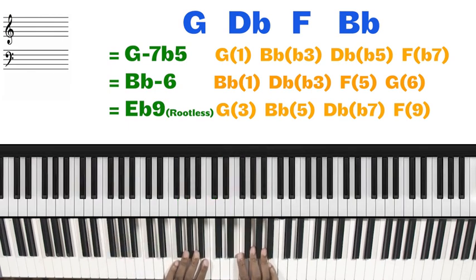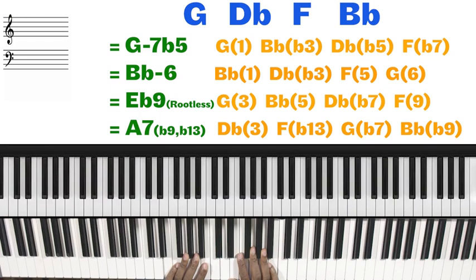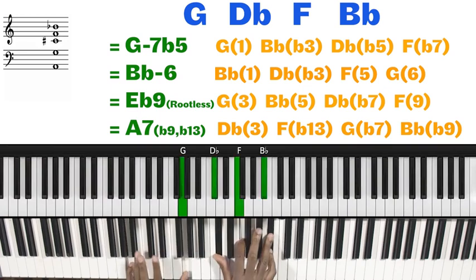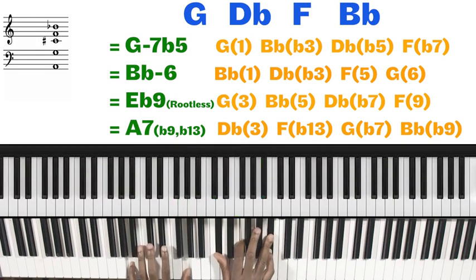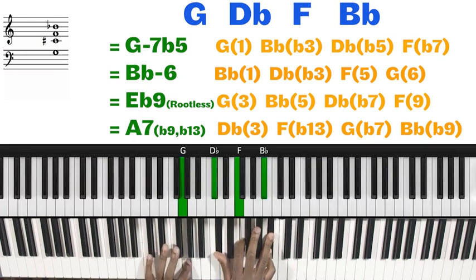We can also look at this as an A7 flat 9 flat 13. Alright, so the G is the flat 7, the D flat or C sharp is the 3rd, the F is the flat 13, and the B flat is the flat 9.